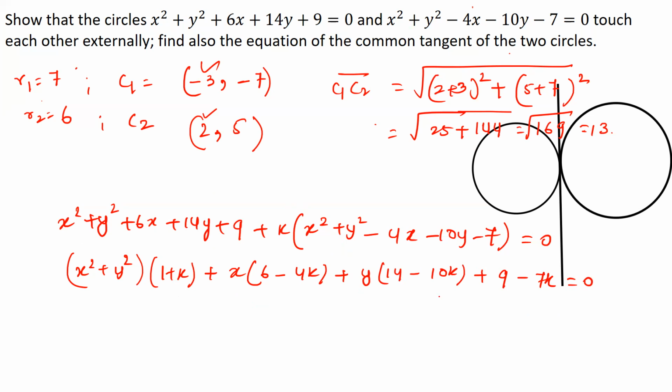There should be only x, y and constant terms, and not any x square plus y square term. That is why I set 1 plus k equal to 0, so that this equation represents a straight line, which will effectively be the common tangent of these two circles. So this gives me k is equal to -1, and if you plug in k is equal to -1, you will see that it reduces to a linear equation which gives the equation of the common tangent of the two circles.